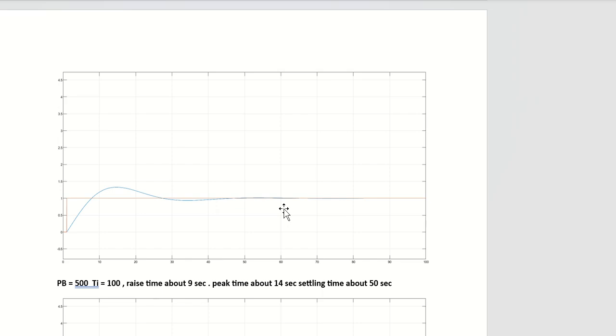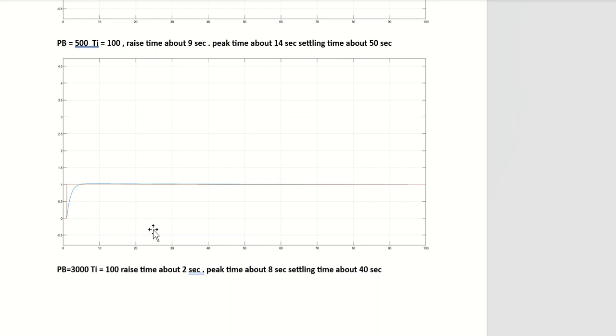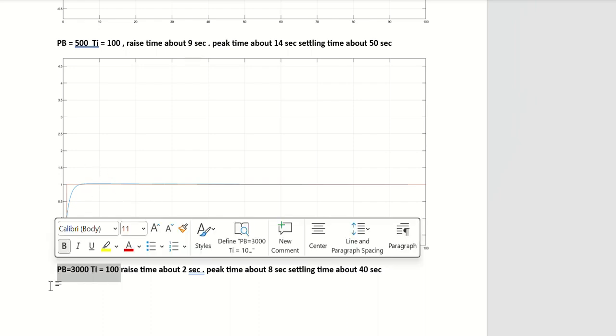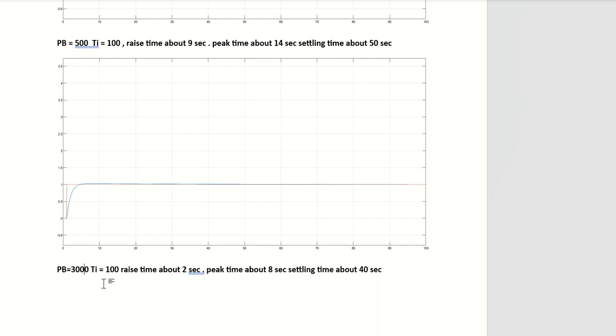That almost matches our tank, but the rise time is way too high for our tank. We got similar results with a more aggressive tune, a proportional band of 3000 and a TI of 100. As we can see, the rise time is less than 2 seconds and the settling time is about 40 seconds.